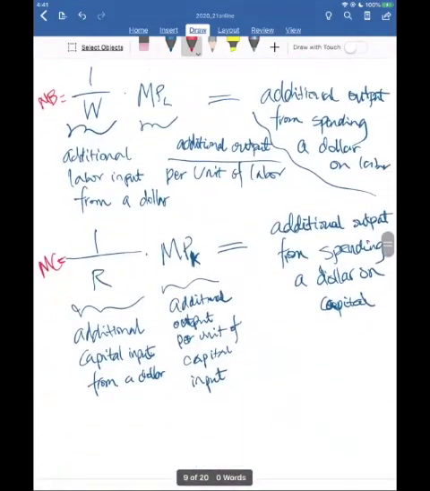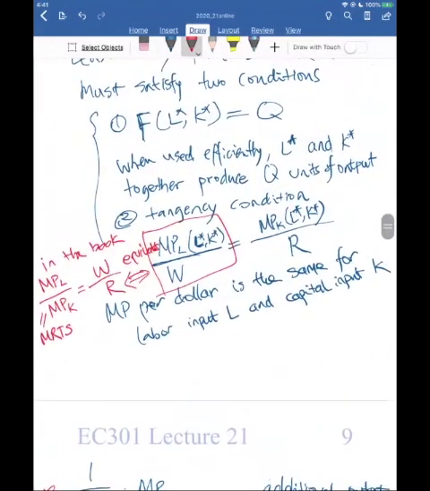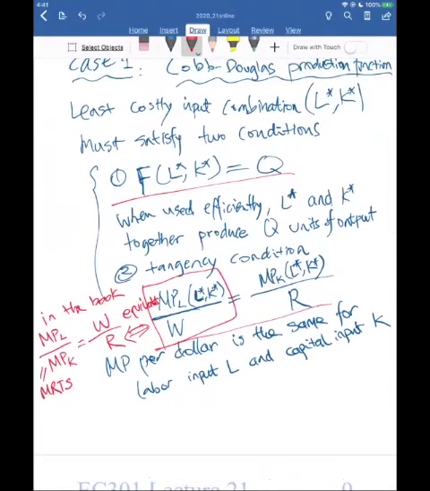Okay, so by having those two conditions, we have two unknowns, L star and K star. So from those two equations, we can find the actual least costly input combination to produce.